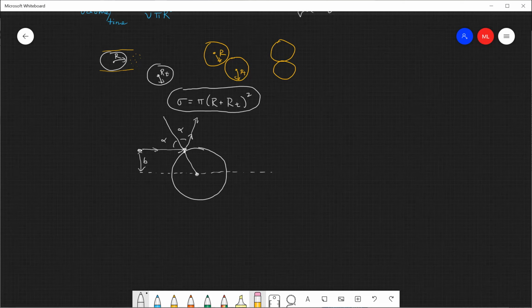And of course, what are we going to do? We're going to look at the scattered particles in some direction theta away from the incoming direction. This is like our direction of k prime. These are, of course, parallel lines. Sorry, I didn't draw them very nicely, but these are parallel.